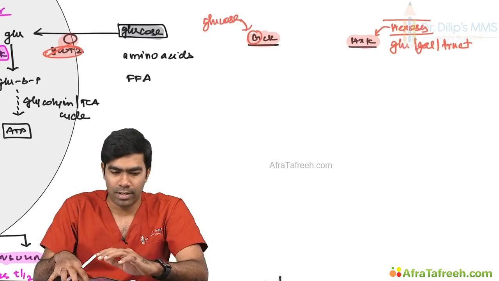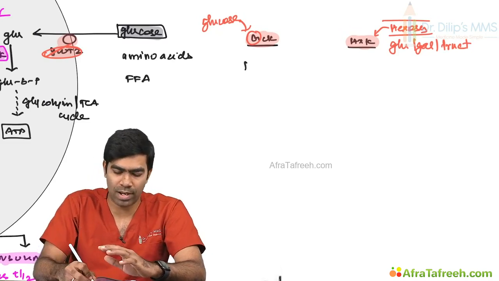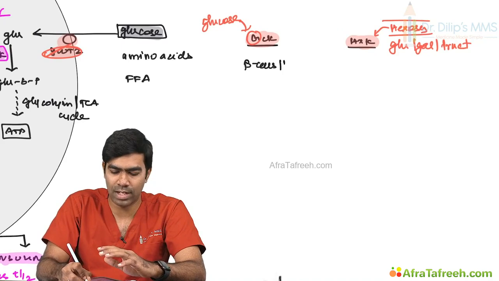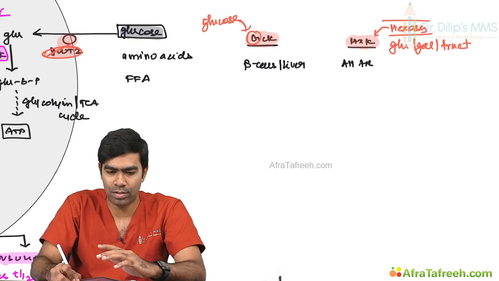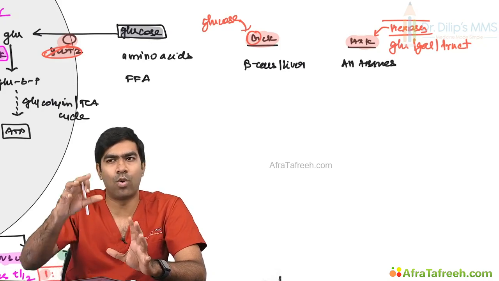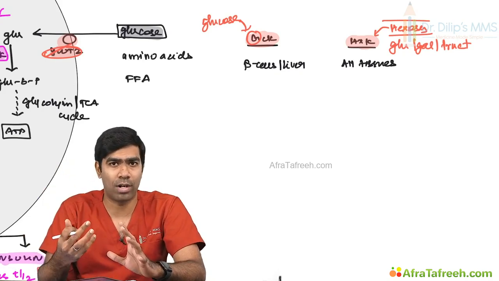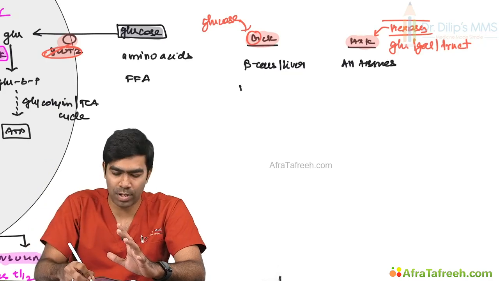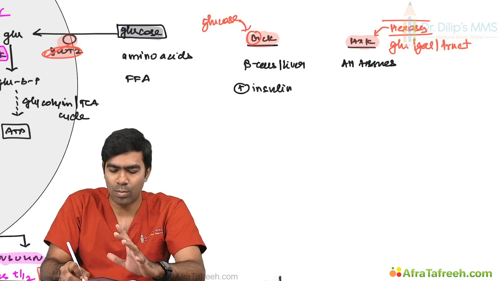All right. And at the same time, glucokinase enzyme is a little tissue specific as well, where it is exclusively seen in the beta cells and the liver, whereas hexokinases can be seen in all the tissues. The main role of glucokinase is to perform the sensing function. And very importantly, it can be induced by insulin. That's very important. It can be activated by insulin, which means there is a hormonal effect as well.